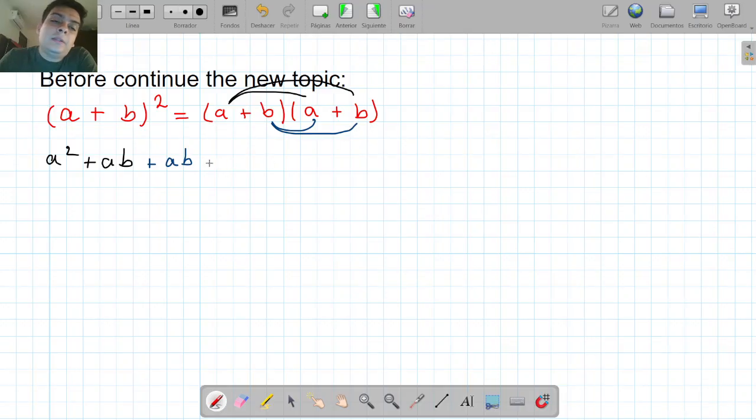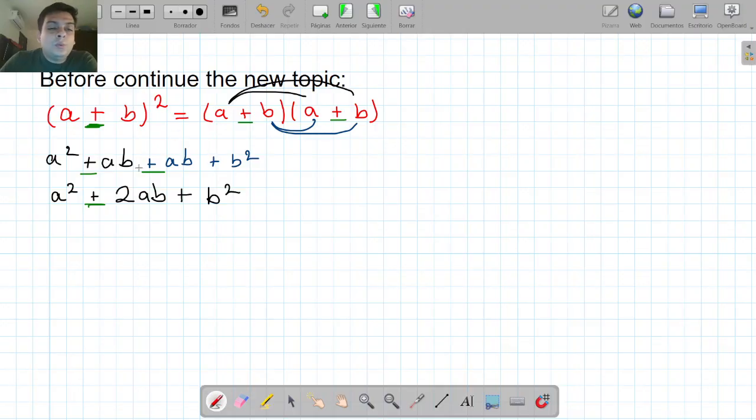And B times B is B squared. You realize here, what do we have? A squared plus 2AB plus B squared. Now, this is the general formula for this. If we change this to minus, this is going to be minus, and minus 2AB. So a square like this is going to have this shape. Alright?